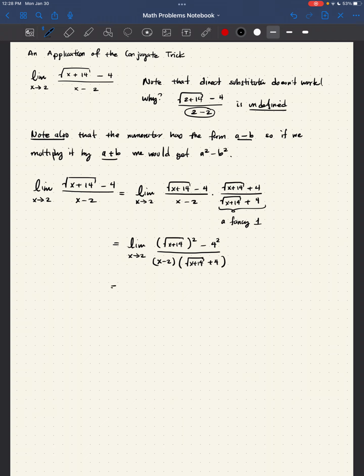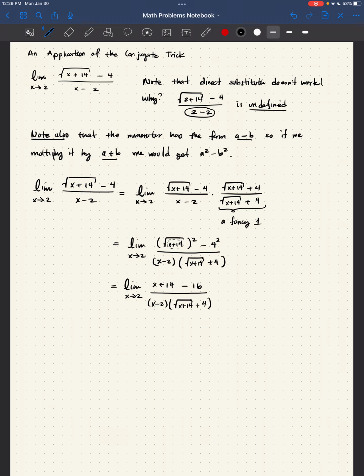Of course, now, since the square root of x plus 14 is being squared, that means that the numerator turns out to be this. This is the limit as x tends to 2 of x plus 14 minus 16, over x minus 2 times the square root of x plus 14 plus 4.